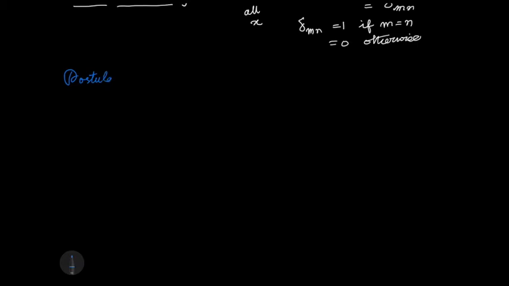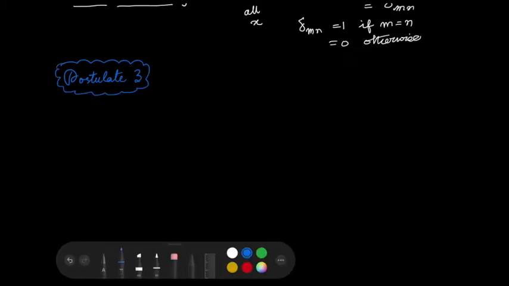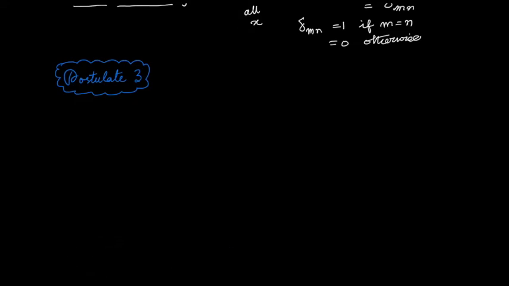So far we said what the system has. We never talked about what will happen when I measure something out of the system. Now when I say the system, remember that all the information about the system is there in that wave function. The wave function carries all the information about the system.